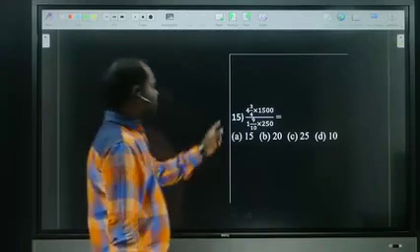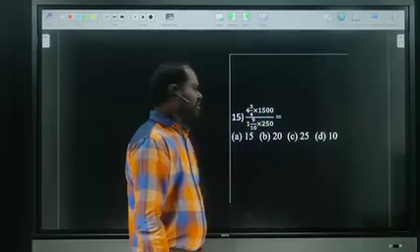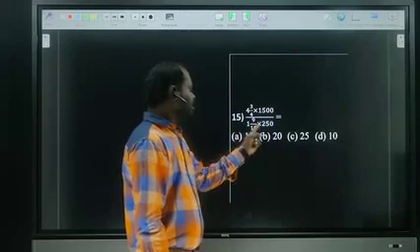Now, 4 3 by 4 into 1500 divided by 1 9 by 10 into 250.